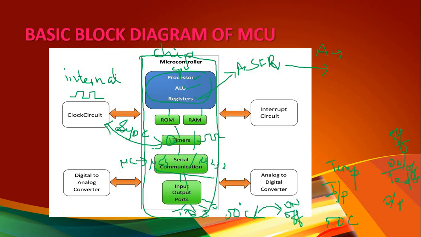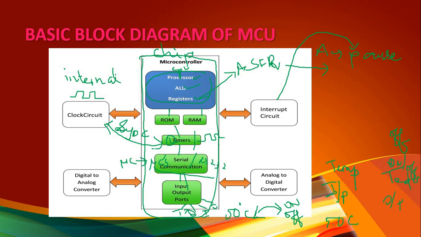But a microcontroller can do only one function at a time. So it can do only the A register. To stop that A register, this interrupt circuit is used. What this interrupt circuit will do is pass the A register task.